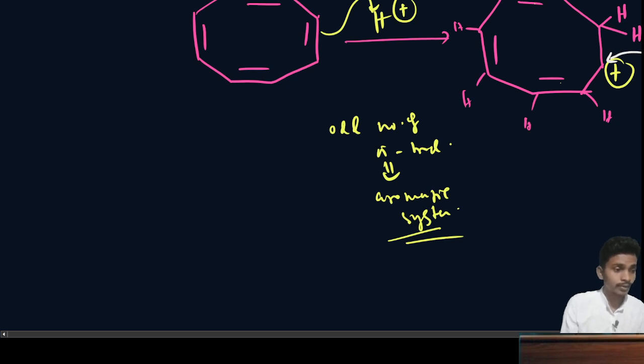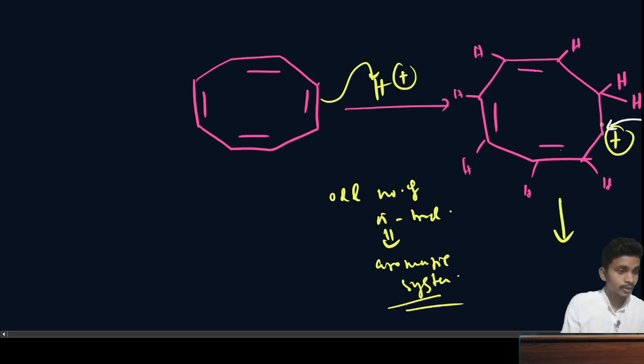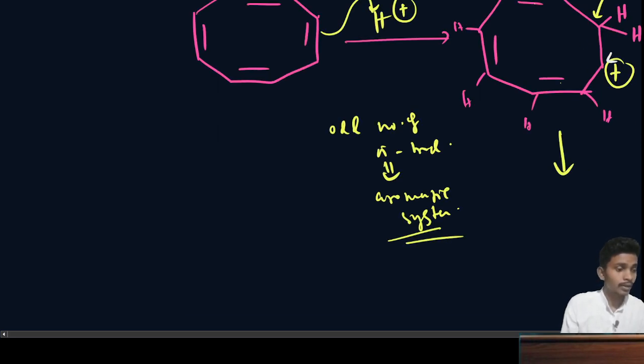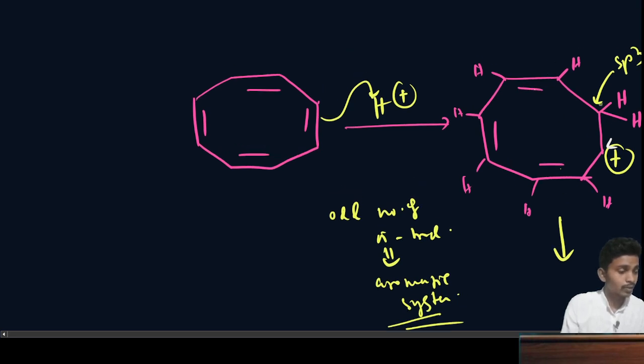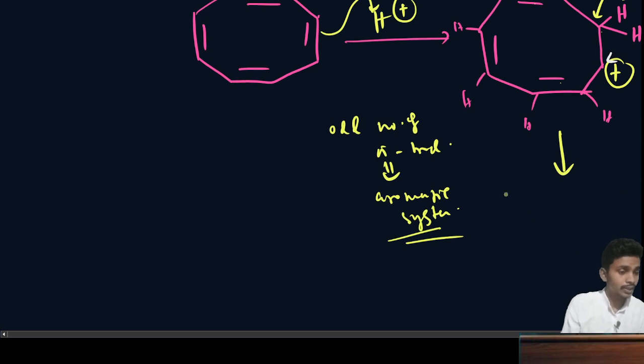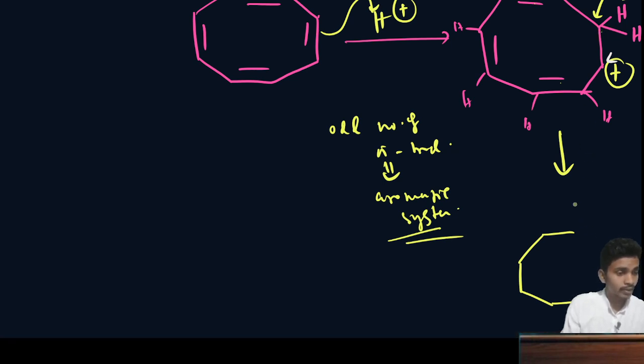So what will this become? Sorry, this becomes the sp3 hybridized atom. Since all of these are planar and this one is not planar because it is sp3 hybridized, it changes its structure and goes out of the plane, something like this, and this has the positive charge.